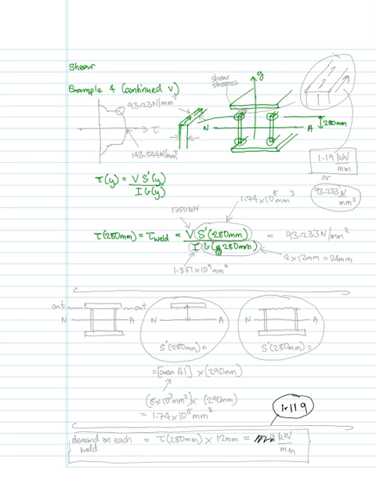So we know that our I from before is going to be 1.361 times 10 to the 9 millimeters to the fourth. We know that our V is going to be 1750 kilonewtons. The breadth at 280 millimeters upwards is again going to be our combined breadth, since we're trying to work out our stresses.